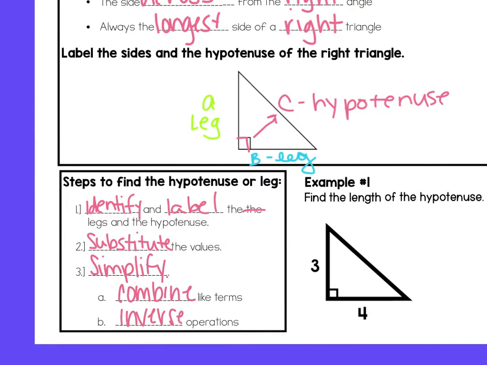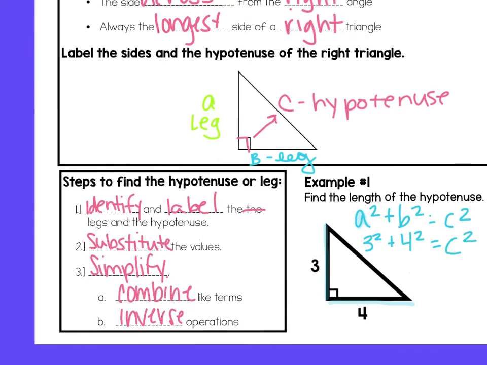So for this example over here, I have my two legs, and now I just need to find my hypotenuse. So the equation that we use is A squared plus B squared equals C squared. So 3 squared plus 4 squared equals C squared.